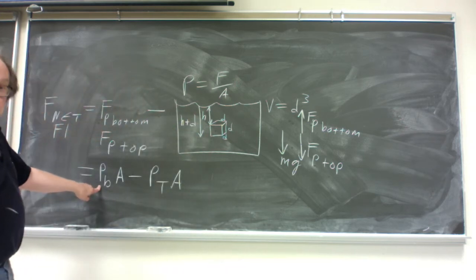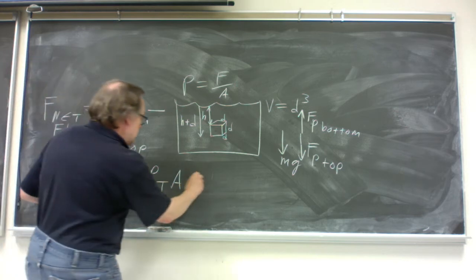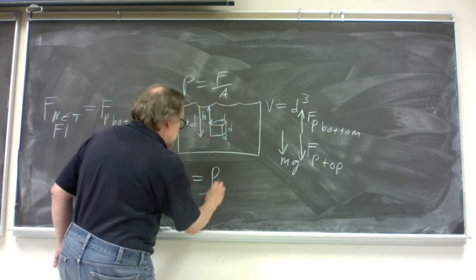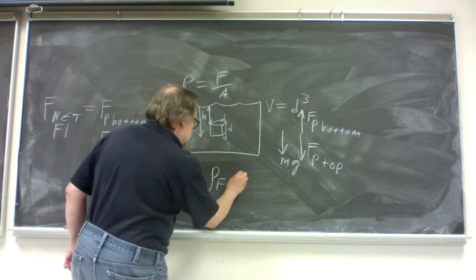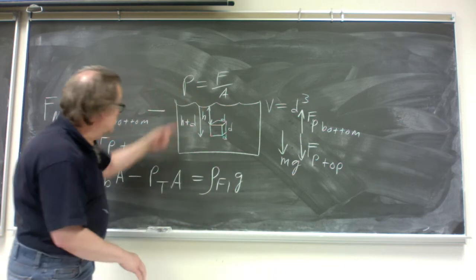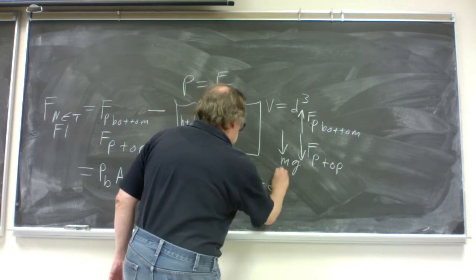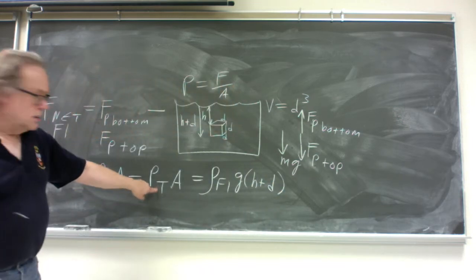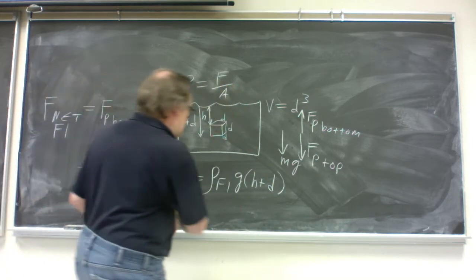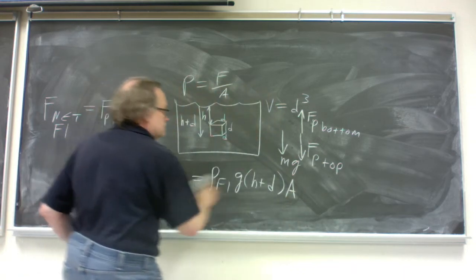So use our equation for fluid pressure, the thing we found yesterday, and that's just density of the fluid times g times how deep you are in the fluid, which is h plus d. And then minus pressure at the top times area. Forget the area factor.